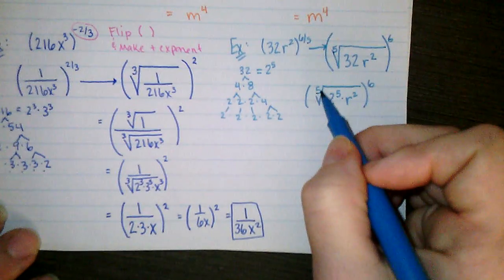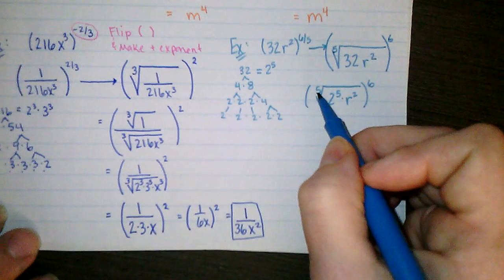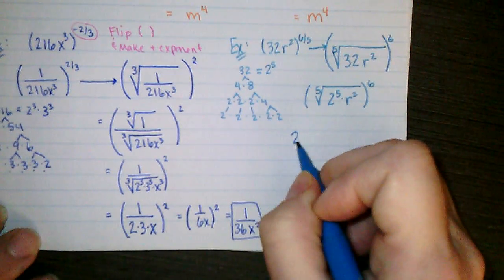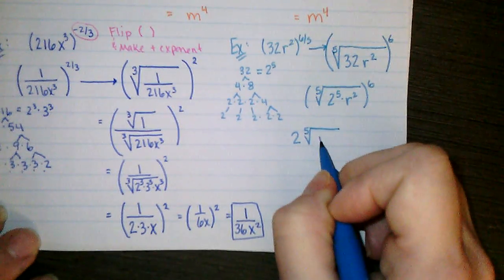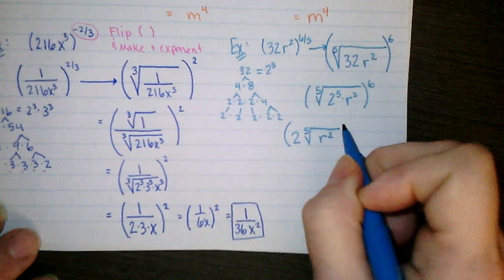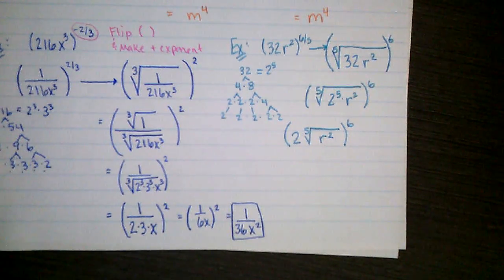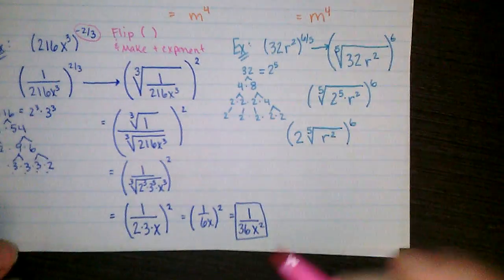Two to the 5th inside that index of 5. So index of 5 means I need 5 in the group to get out. I have 5 2's, so I can bring a 2 out. I only have 2 r's, so my r squared has to stay in. And then the whole thing is to the 6th power. So I need to show you how to deal with that. Well, when we have multiplication, remember that the power has to go to all of the bases.